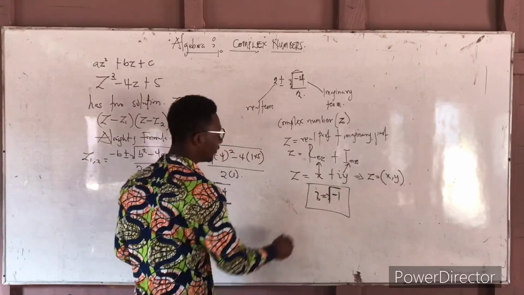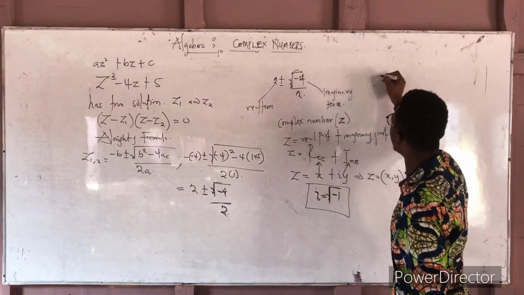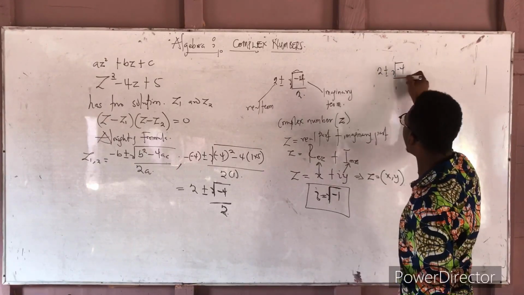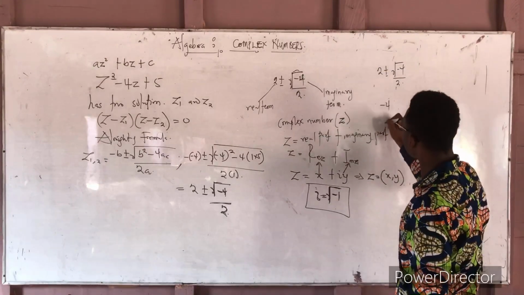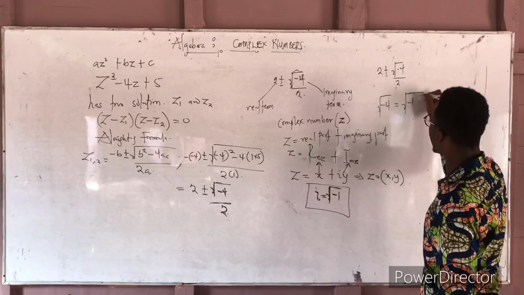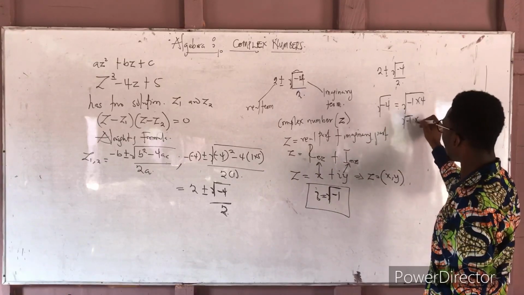Okay, so let's come back to this particular question. What can we see over here? We have 2 plus or minus the root of -4, all over 2. The root of -4 is simply the root of 1 times 4, so the root of 1 times the root of 4.